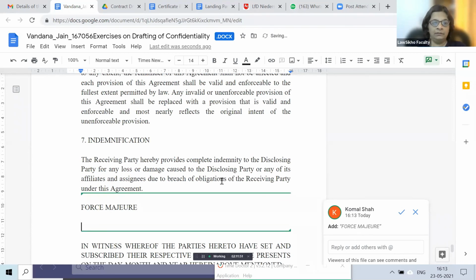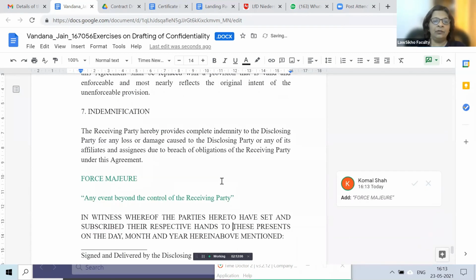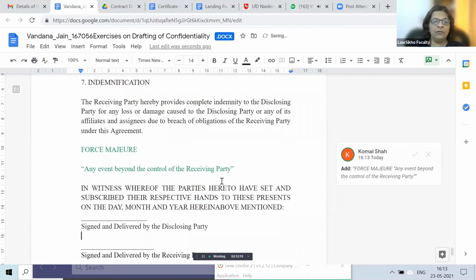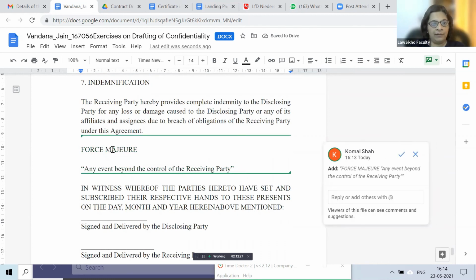And you can word it so that you say that I did everything in my control to restrict the thing, and yet this has happened. So you may want that as protection. And if you are a lawyer to the receiving party, you may have a force majeure here, and you may define it as any event beyond the control of the receiving party.